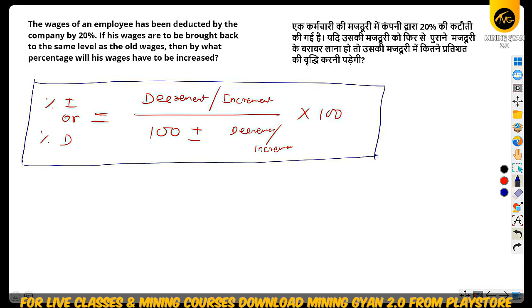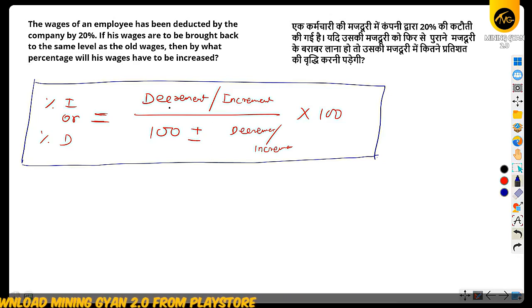Okay, this is the similar kind of formula which is already used in the previous question. परसेंट इंक्रीमेंट और डिक्रीमेंट, डिफरेंस डिवाइडेड बाय इनिशियल वैल्यू था, और यहाँ पे डिक्रीमेंट और इंक्रीमेंट डिवाइडेड बाय 100 प्लस माइनस डिक्रीमेंट और इंक्रीमेंट मल्टीप्लाई 100.